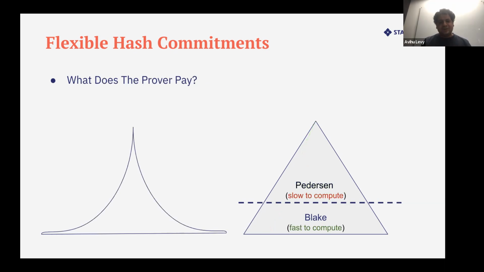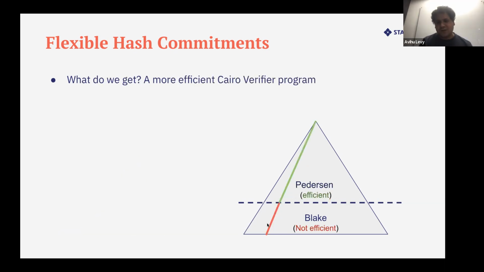I just want to say one more thing about that. What you see here is, let's say that the depth of this tree is 32 layers, and we take 22 and make them Pedersen and not Blake, then you'd say, okay, then we get a 3x improvement on the efficiency of the verifier. But the fact is that this is an improvement of more than 3x, because the verifier checks not just this tree, but trees that are getting smaller and smaller from the upper layers.